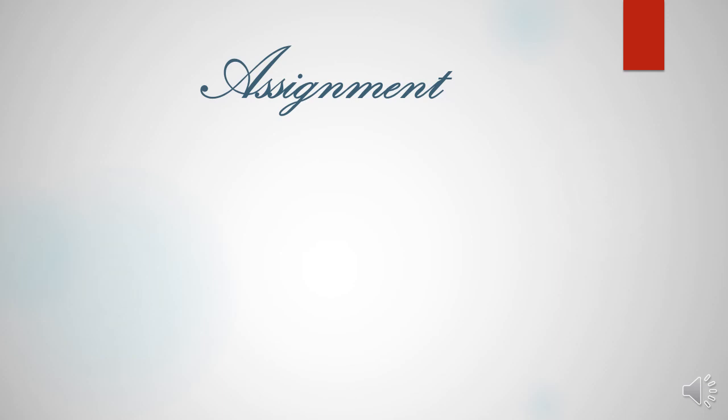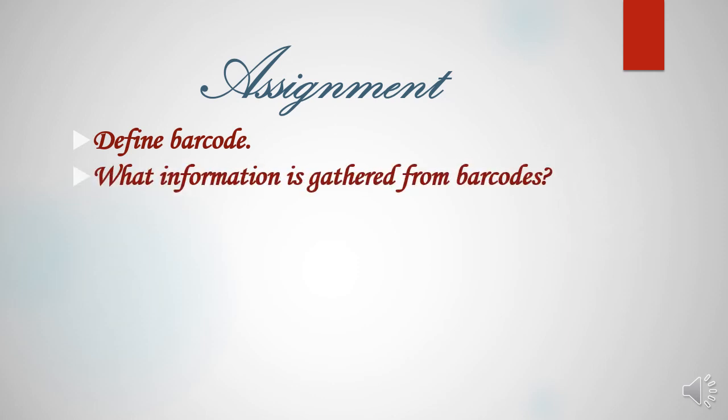In today's assignment, you have to attempt 4 questions. Number 1, define barcode. The last paragraph of the topic of barcode can be the answer to this question. What information is gathered from barcodes? The first 2 paragraphs of the topic of barcode can be the answer to this question.